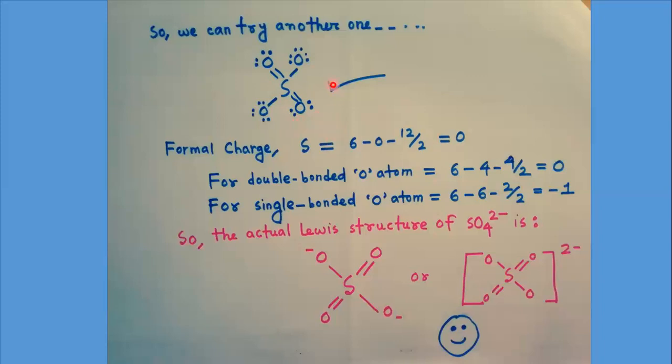So this is the perfect structure of sulfate ion, and we can write the actual Lewis structure as follows. This one has formal charge minus 1, this oxygen has minus 1, this has 0, sulfur has 0, and this oxygen has 0. So we can draw the structure of sulfate, this or this. And now this is happy. Thank you so much.